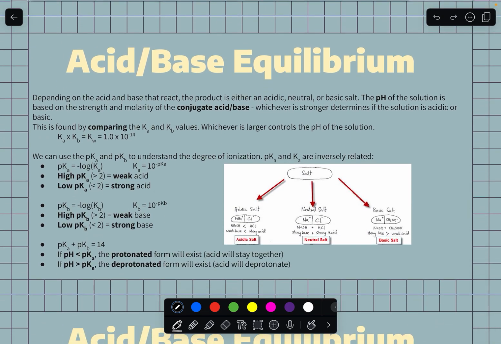All right. So this slide looks like it has a lot on here, and I'm sorry about that. But with acids and bases, we have acidic, neutral, or basic salts. The pH is going to be based on the conjugate acid or base. So whenever you have a reaction, the pH is going to be based on the conjugate.